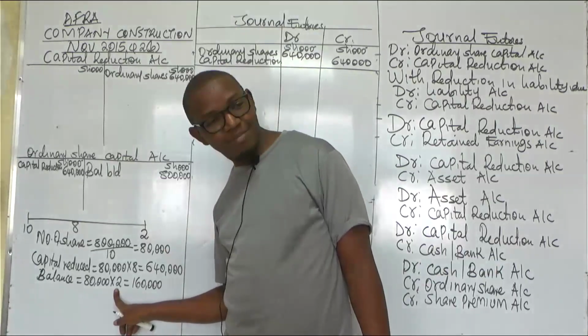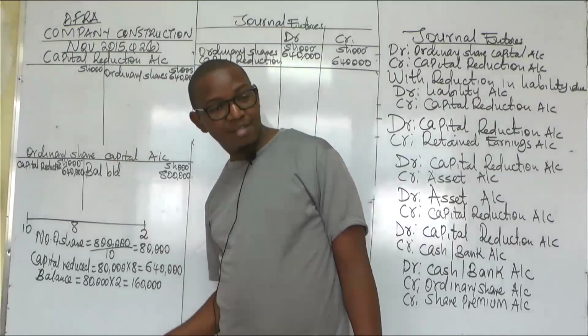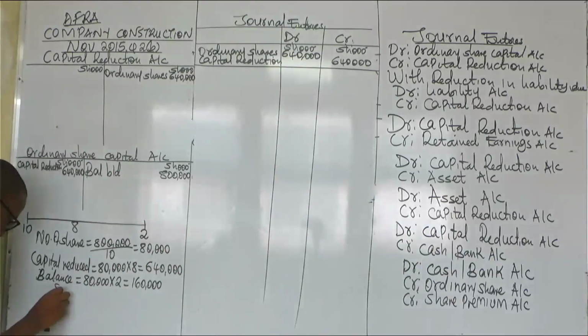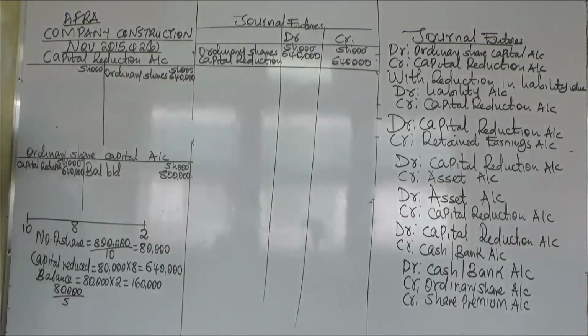Sawa. Then hii tunafaa kuiongeza ikuwe ngapi? 10 bob. Si hivyo ndo tumeambiwa? Sawa sawa. So this is what I mean. I will just simply say 80,000 I divide by 5. Sawa sawa. Itakuwa ngapi? Consolidate. Tukasema we reduce them.